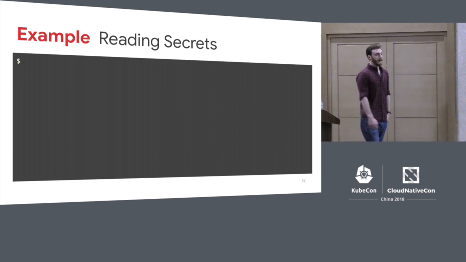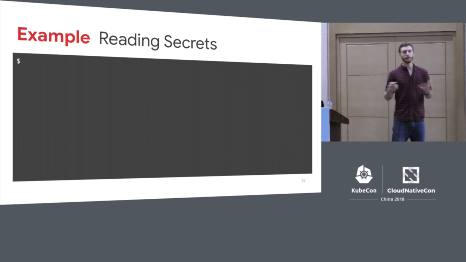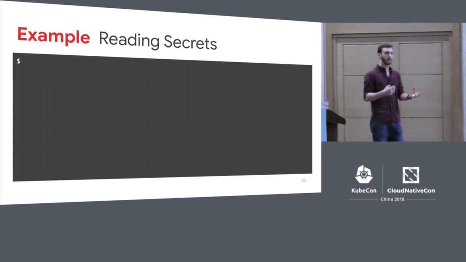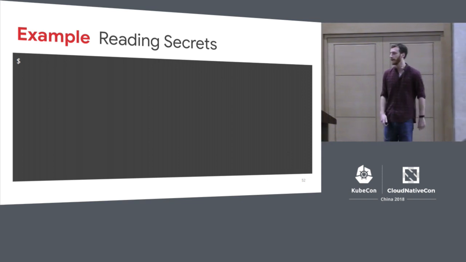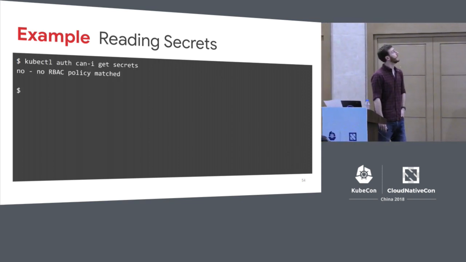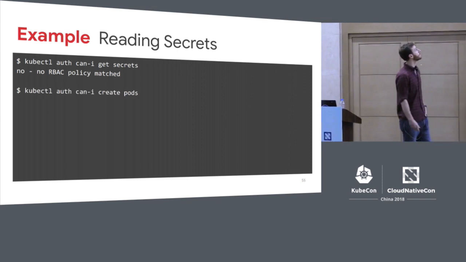So I mentioned that namespaces are sort of the fundamental building block for authorization. It's actually possible to limit access to specific resources in a namespace through RBAC, but doing so has some nuances that can be problematic. So let's look at why. Here's a user that is forbidden from accessing secrets in the default namespace.